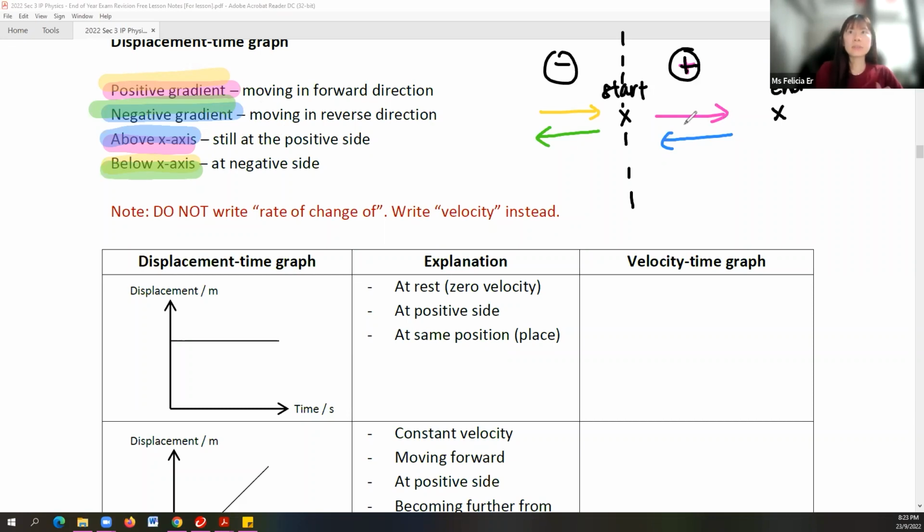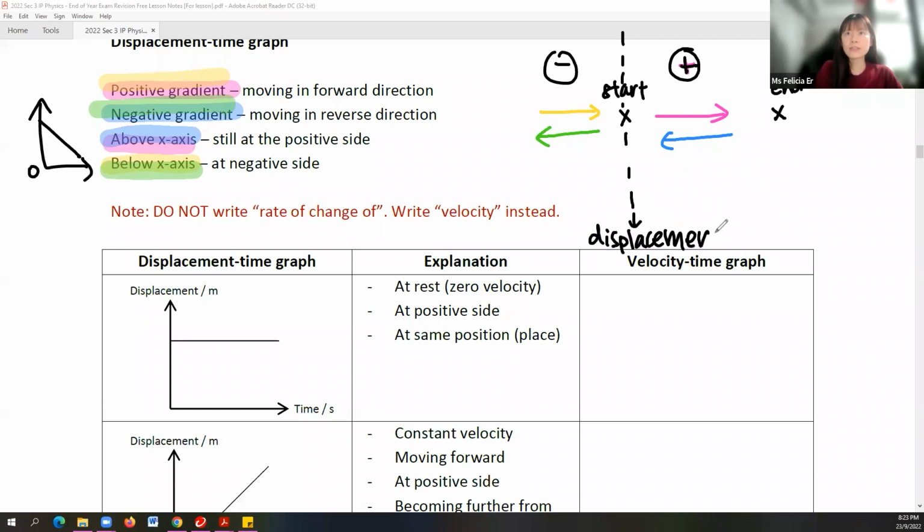Okay, then next example, the blue arrow. For the blue arrow, it will be negative gradient, but still above the x-axis. So your graph for the blue arrow should be like that. Negative gradient, but above the x-axis. That means at the start point, your displacement is 0, right?